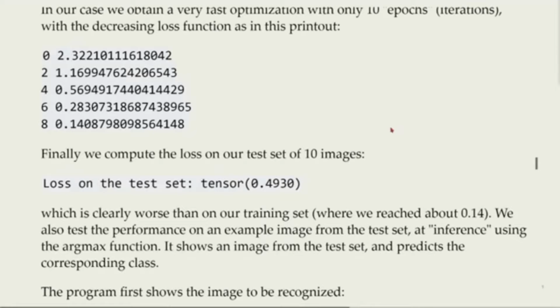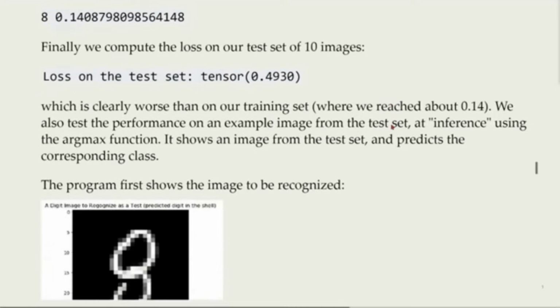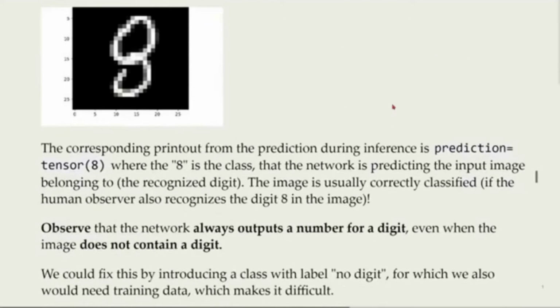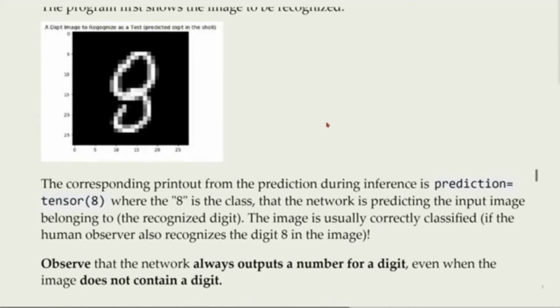They're just illustrative for how we're going to build our PyTorch model. And then we see that we will give it an image, and the corresponding printout from the prediction in this case was 8. So the network is predicting the input image belonging to class 8, and the image is usually correctly classified.